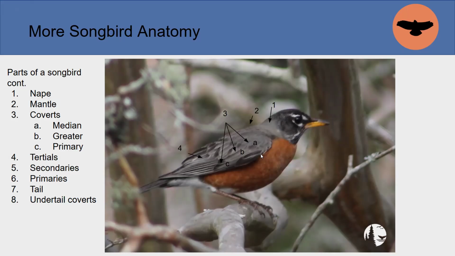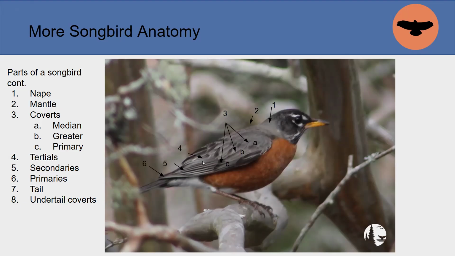So then moving downward, we have the tertials. I don't know, I say it wrong. The secondaries and the primaries. So again, this is the beefy part of the wing that does all the flight work. This is the flight feathers. That's where they're going to get up there and fly.